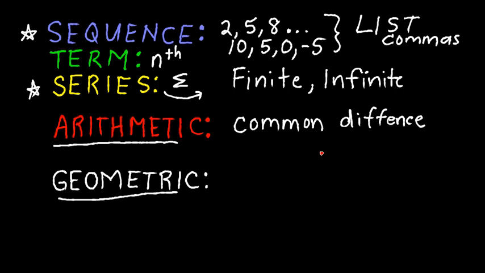We're going to be using the letter D to represent the common difference in the formulas. So that makes kind of sense. D goes with difference. In geometric, we're actually talking about a common ratio. And we are going to be multiplying the prior term by this common ratio to get the next term. Let me give you one example.